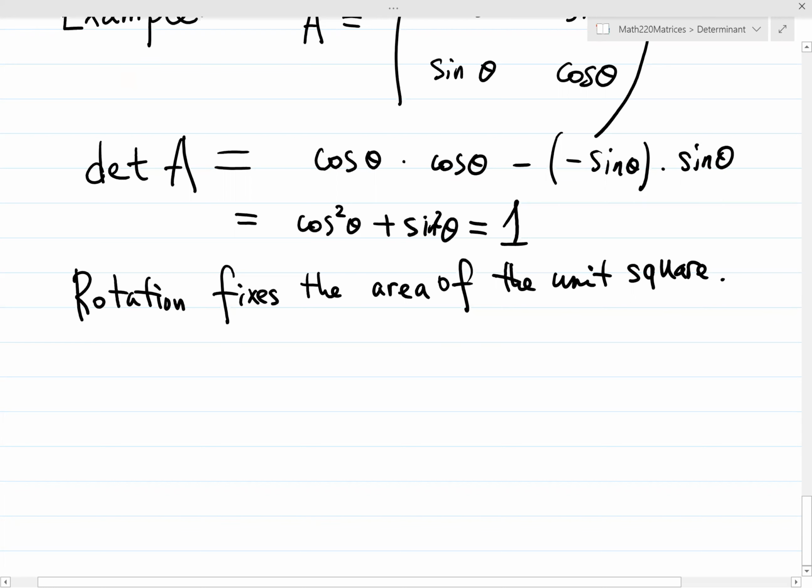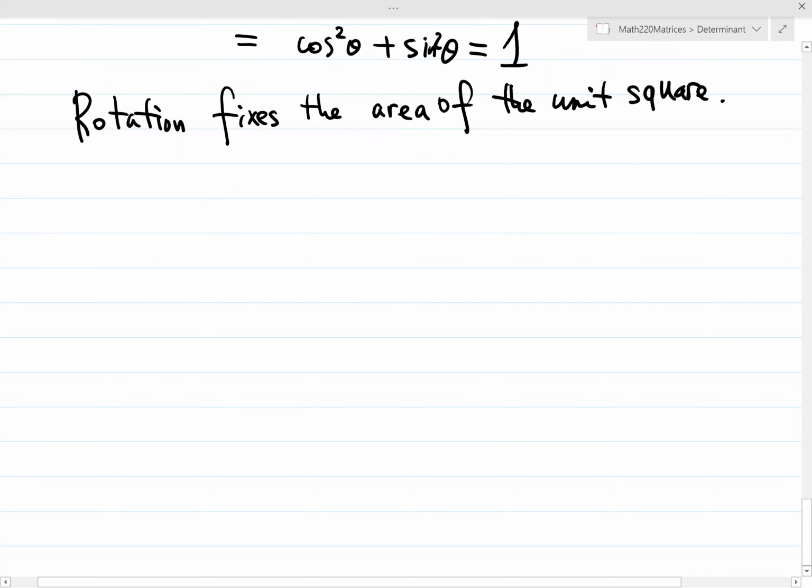Now we start with this operation, the cross product. Remember, the cross product is only defined in dimension 3, in R3. Now we define the cross product for A, B in R3.